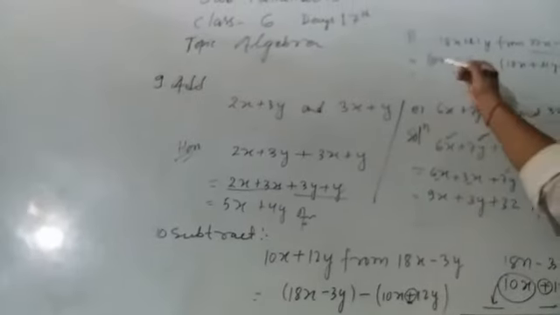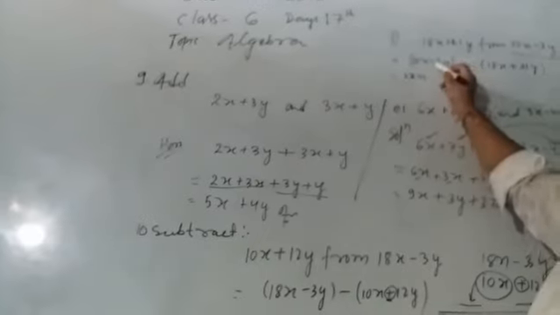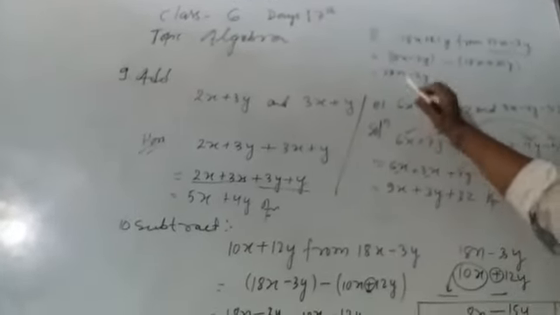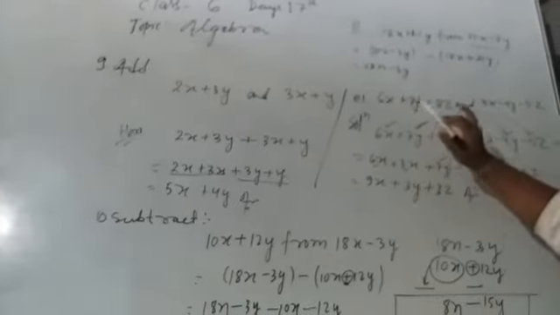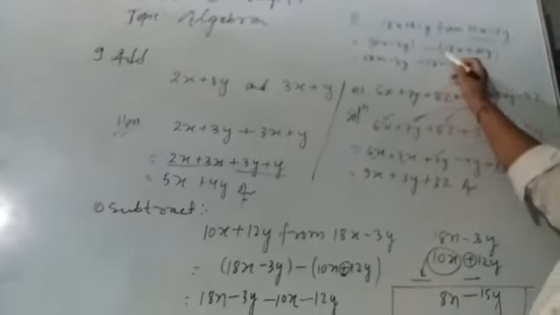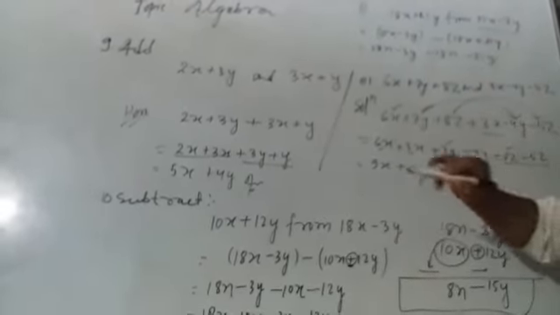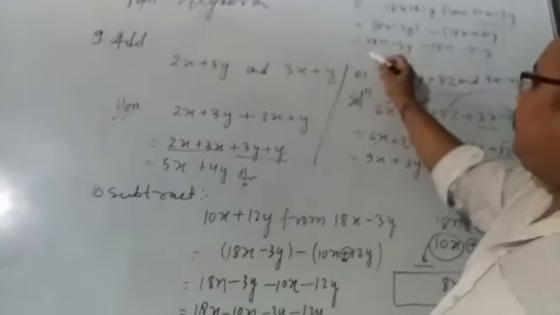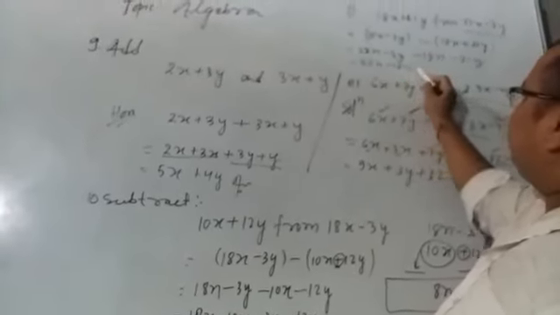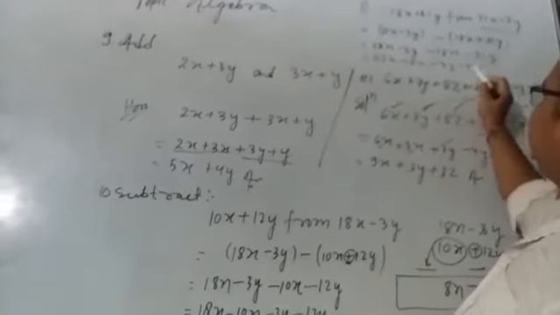Now the positive sign: 22x minus 3y, the terms are written as it is because the positive sign opens this bracket, and the minus sign opens this bracket: minus 18x minus plus minus 21y. And you write down here 22x minus 18x minus 3y minus 21y.